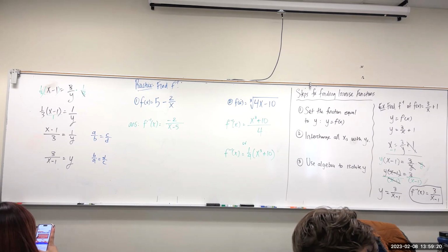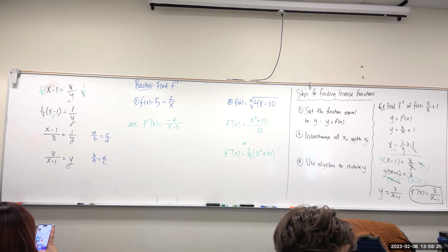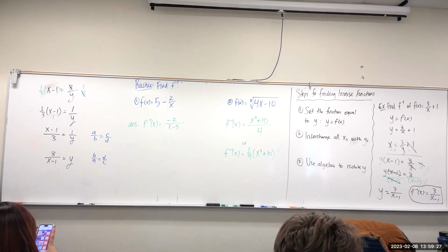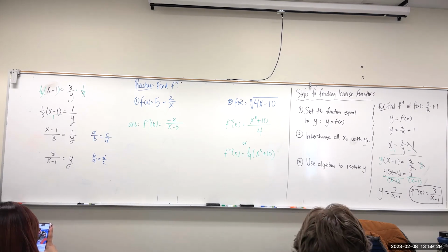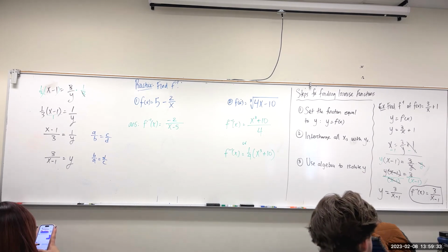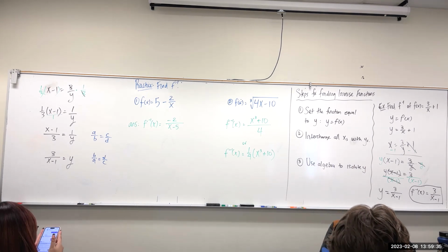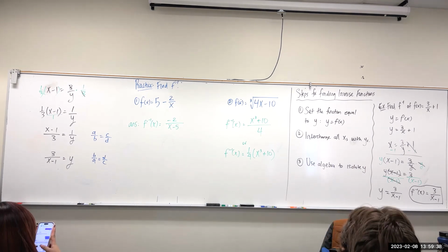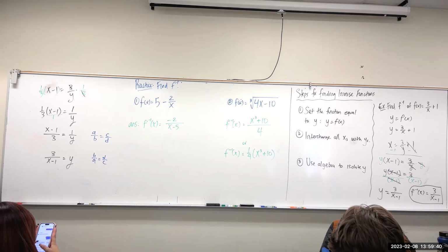You raise it to the third power. So put parentheses, to the third power, so you're cubing the whole thing. But if you cube one side of the equation, you have to cube the other side. Now this cube and the cube root cancel each other out completely.